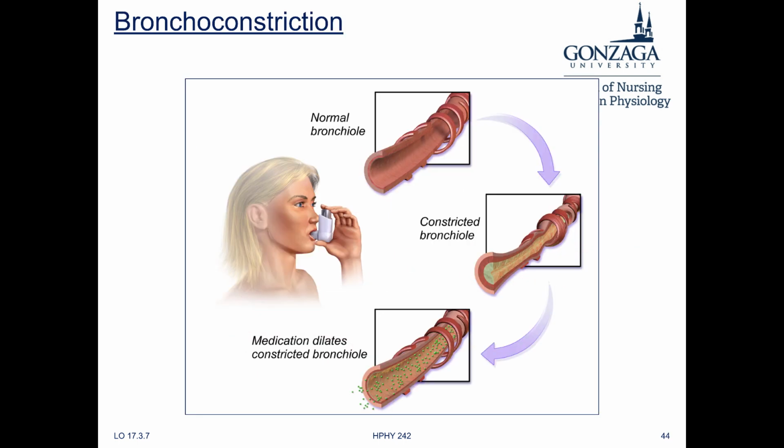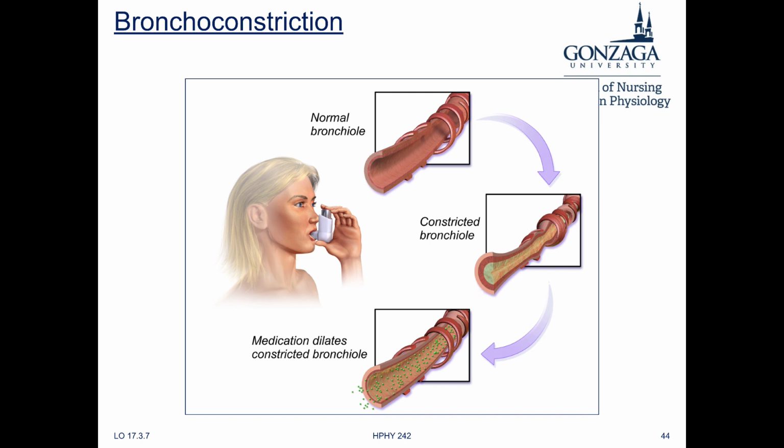All right, here's a diagram I thought illustrated the concept of bronchoconstriction pretty well. This is not from your book, but it's showing that under normal situations the bronchial airway is not restricted. For whatever reason, you have an increase in constriction, and it reduces airflow.